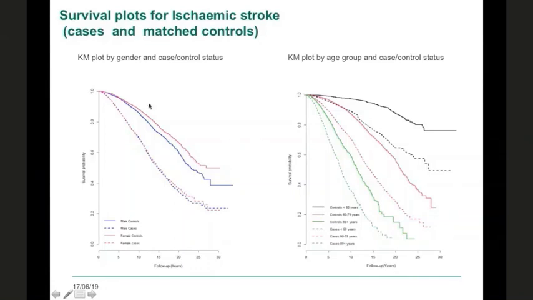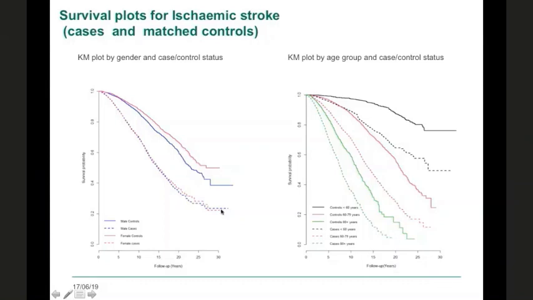So the first diagram on the left is a Kaplan Meier plot by gender and case control status. Case control status means case, whether they had the stroke, and control, if they didn't have the stroke. In this first diagram, the dashed lines represent cases and the solid lines represent controls.